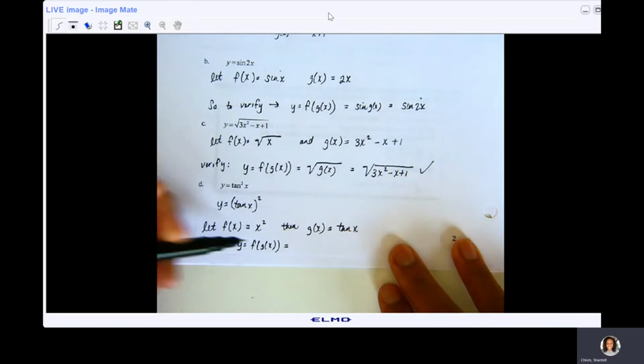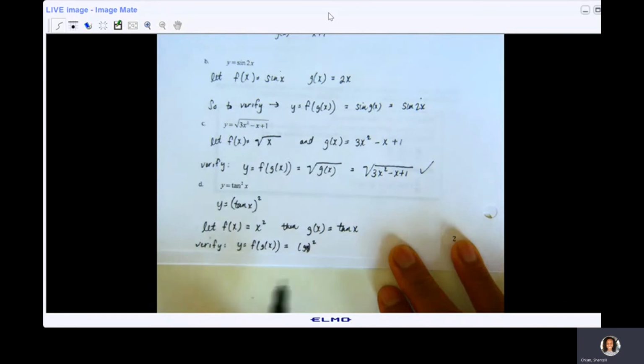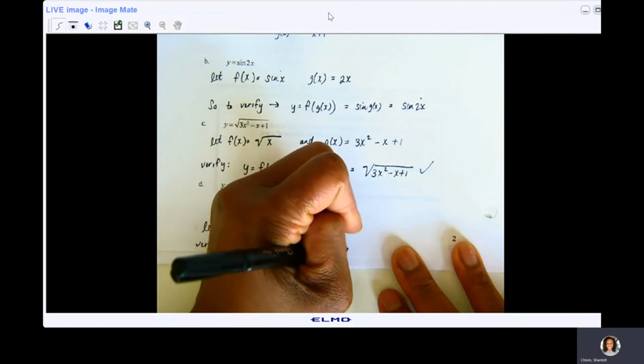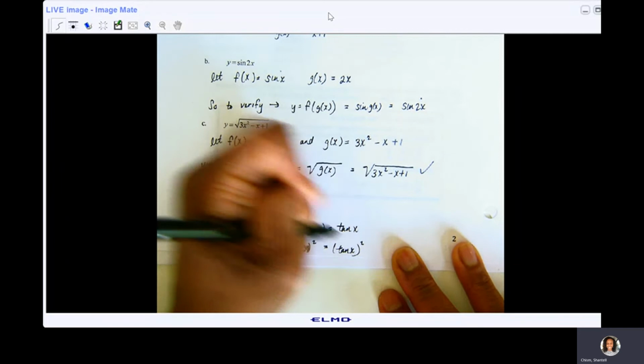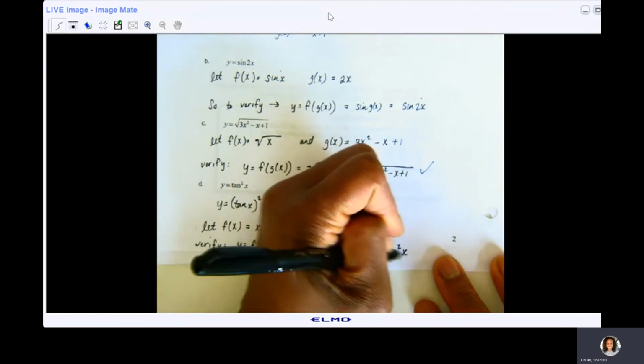Then that would be where I take the f, I've got x squared, I would replace that with g of x squared. And I should have written that a little bit better. My apologies there. But that's g of x squared. Then g of x squared is tan x squared, which then can be written as just tan squared x.